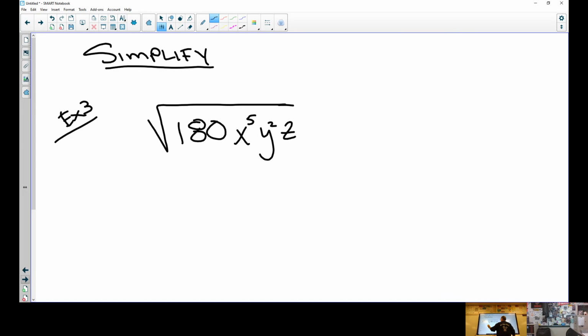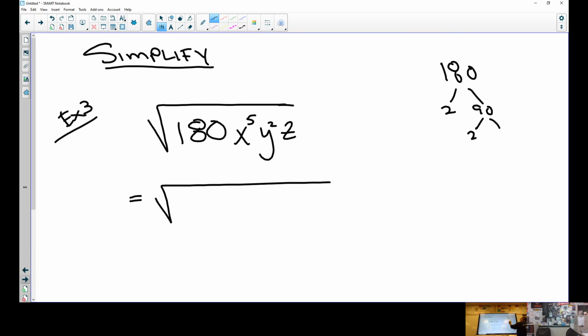When I look at this, and again, I probably wouldn't write this out every time, but I'm going to start to break down each piece of this. 180, I'm thinking of 2 times 90, 2 times 45, let's see, 3 times 15, and 3 times 5. So I've got a pair of factors here, a pair of factors here, and one left over. So I'm going to break it down that way.